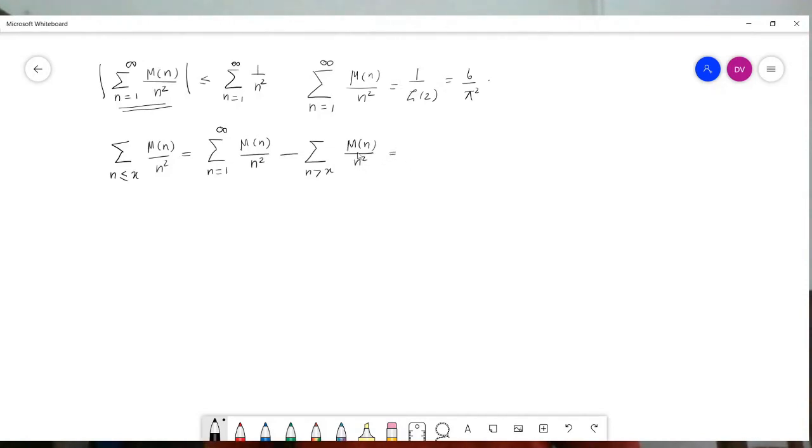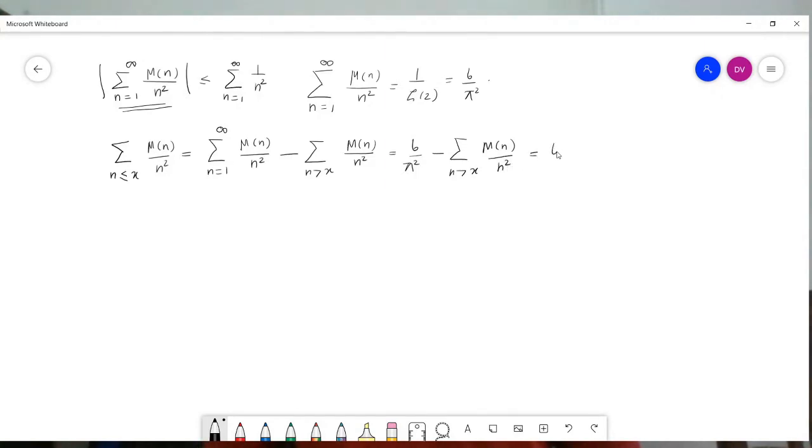But we assumed that this sum is 6 by pi square, so we can replace this by 6 by pi square minus summation n greater than x mu of n divided by n square.